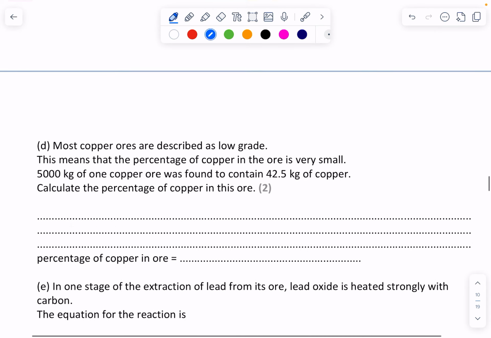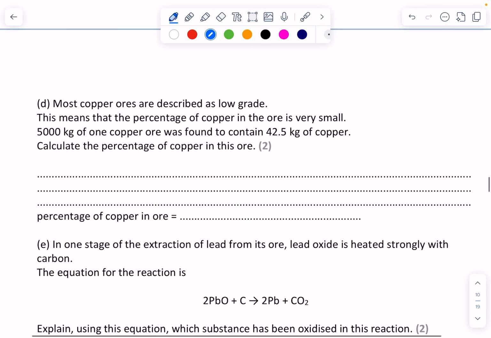If you do all that, you get 1 mark. Most copper ores are described as low grade. And here we've got 5,000 kilograms of copper ore, and it's found to contain 42.5 grams of copper. Calculate the percentage of copper in here.